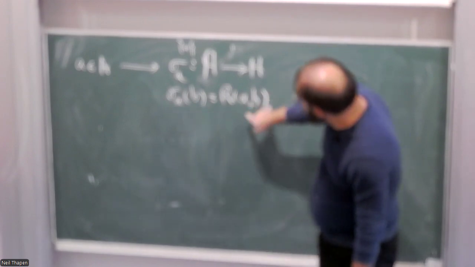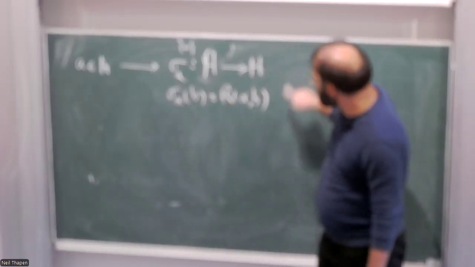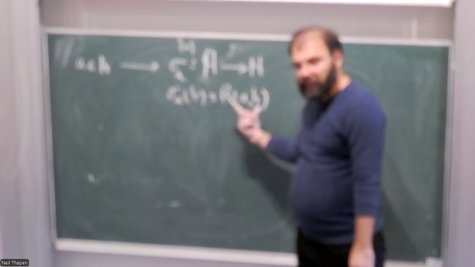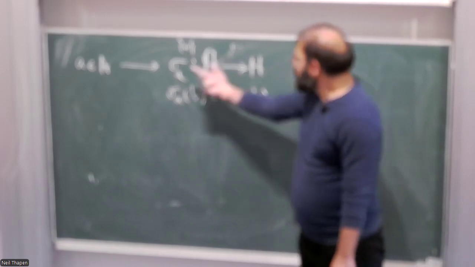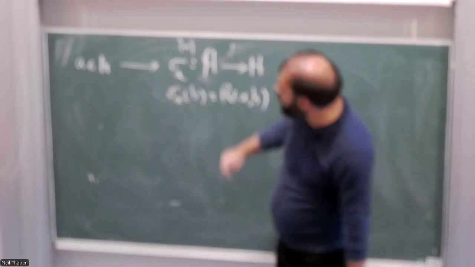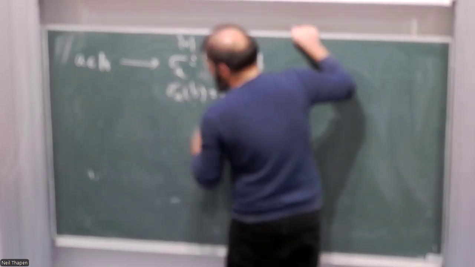To check that it is a singleton, sigma AB and sigma AC must imply equality between B and C, and RAB, RAC implies equality between B and C, right? So these guys are H singletons in that sense. For any A, you have a singleton.